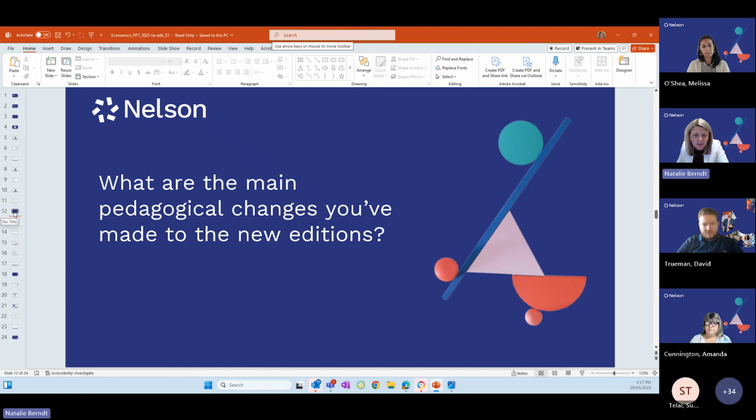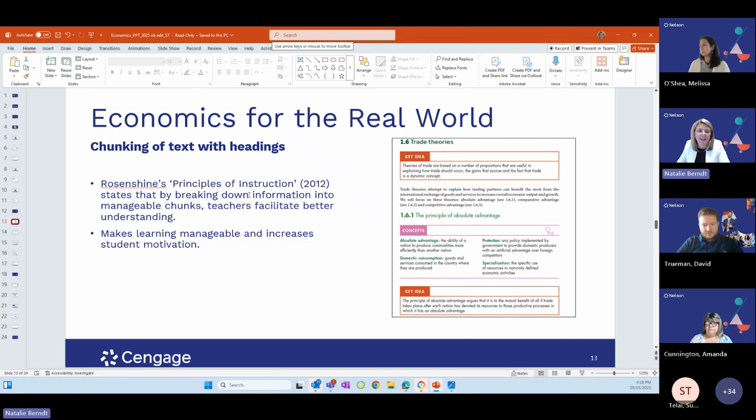So in terms of the pedagogy, what have we changed for this new edition? Most of you who have used our older edition, if you're like me, you turn over the page and it'd just be this huge swath of text. And of course, our students don't like that. They want it chunked. And as teachers, we want that as well. So that, of course, is the main thing that you'll notice when you pick up the new textbook.